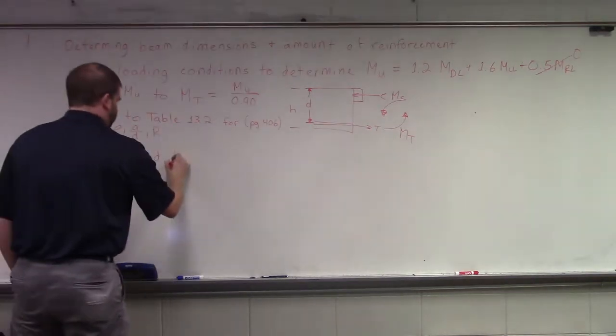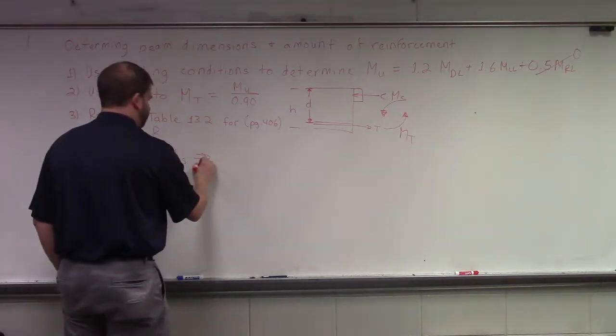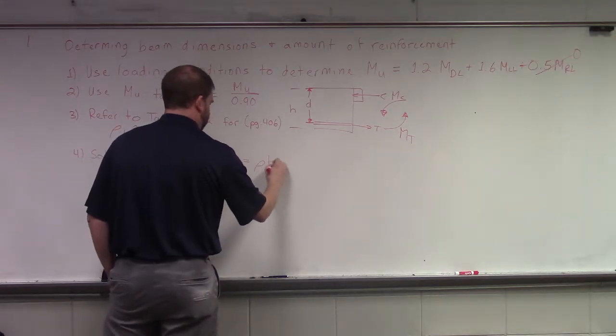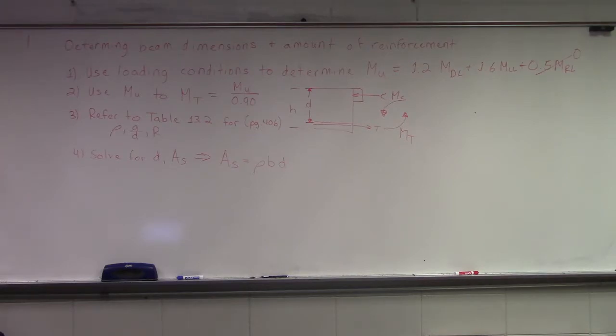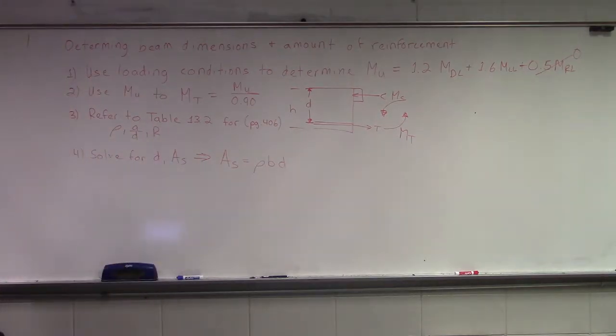Okay, so next we solve for d and we solve for A sub s. Remember that the equation for the area of the steel equals rho times the width times the depth. And for your assignments, you're going to need to be determining the depth.